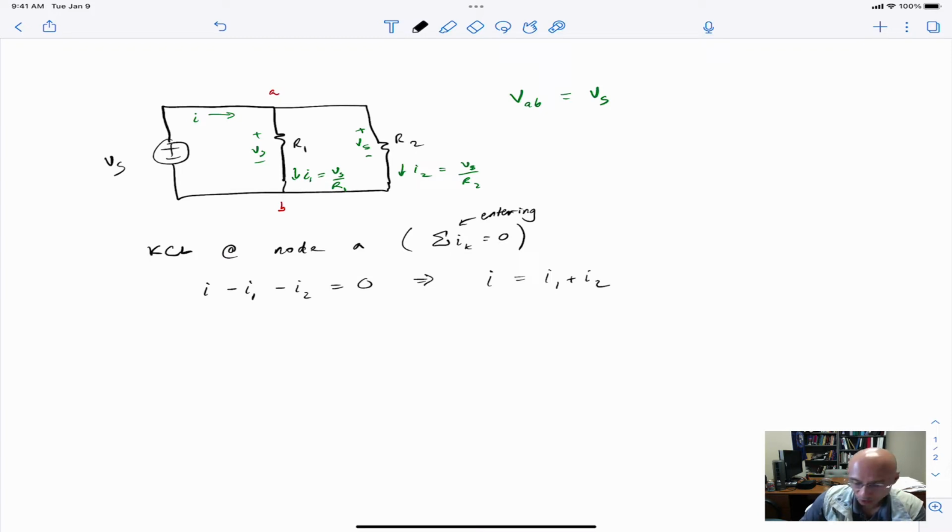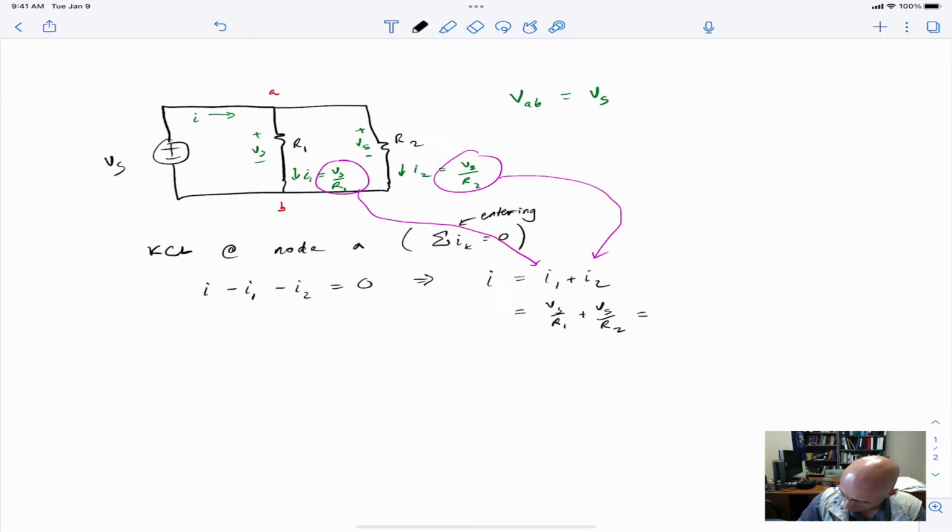Now, if we use our Ohm's law expressions, we have this. And then we can factor out the Vs. And what we see is that this looks like a 1 over an equivalent resistance, right? Because we have some current proportional to some voltage. We could also manipulate this and write.